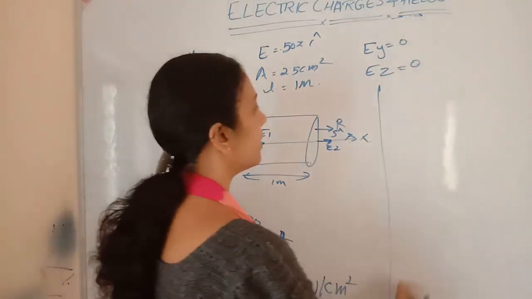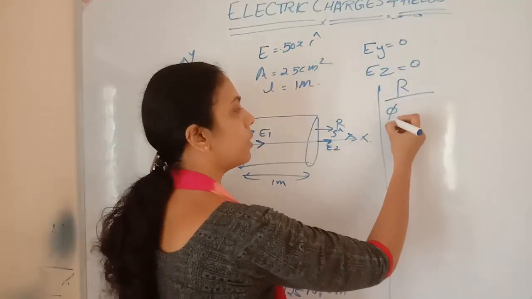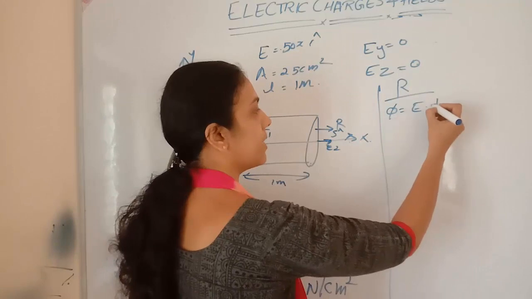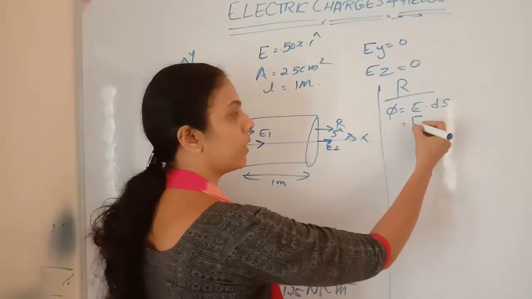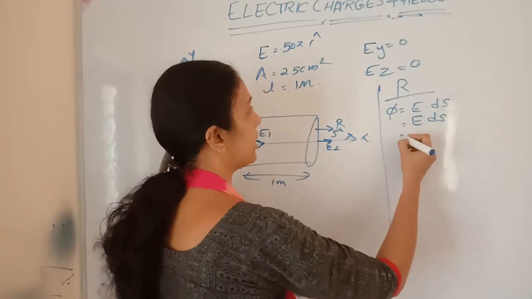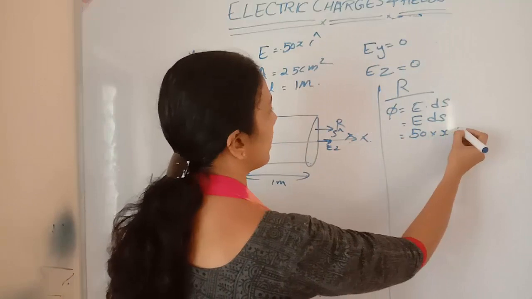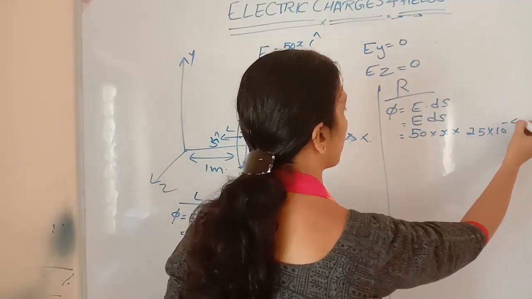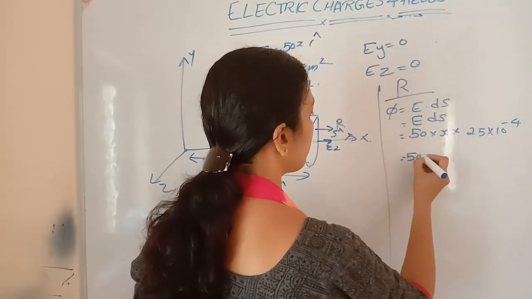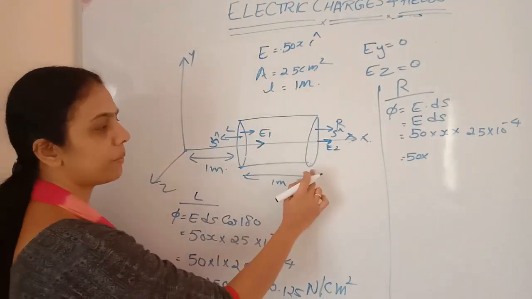Now for the right side, how can we find it? Phi is equal to E dot dS. E and dS are acting in the same direction, cos 0 is 1, so we will get E into dS. Same way, 50 into x into A, which is 25 into 10 to the power minus 4. What is the distance here? 1 plus 1.